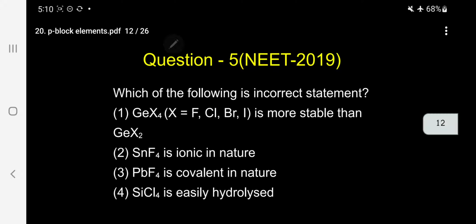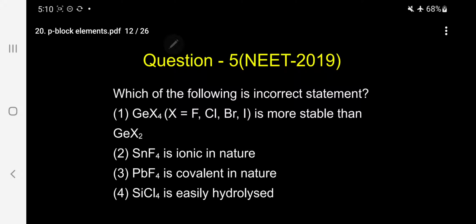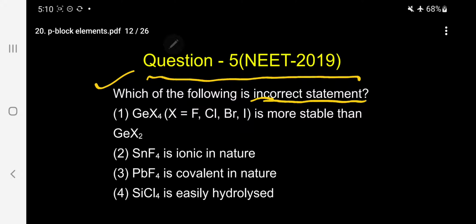Next question. Question number 5. This was asked under NEET 2019. Which of the following is incorrect? Please follow again. Incorrect statement. So something is not correct. 1.